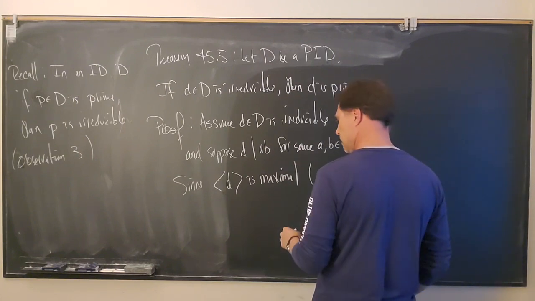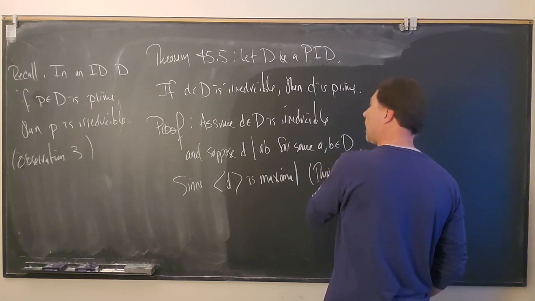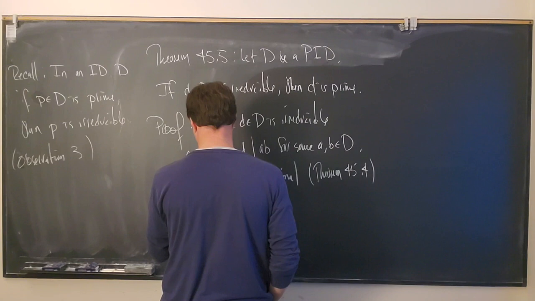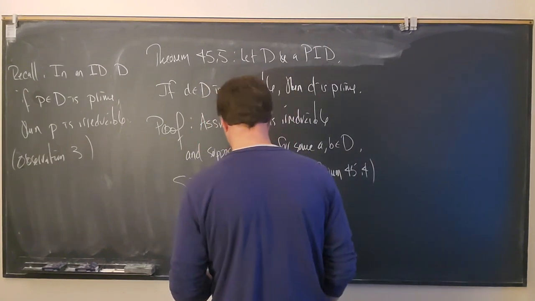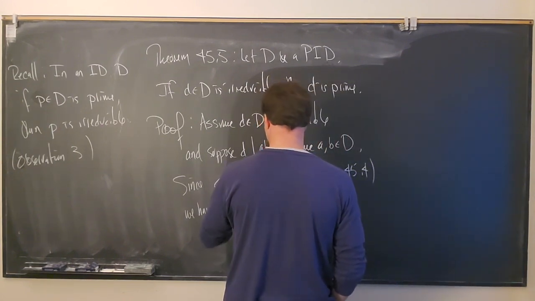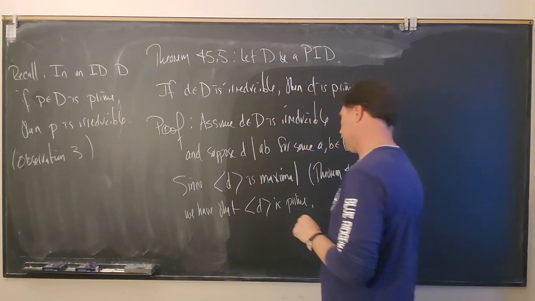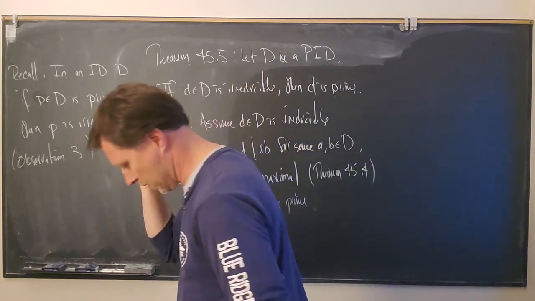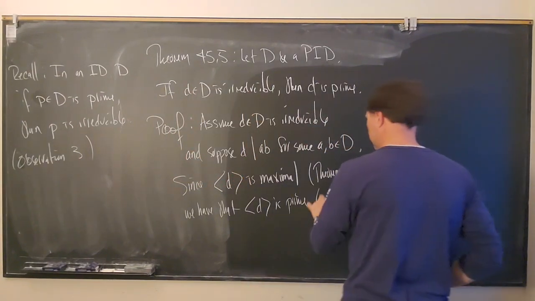So since d is irreducible, the ideal generated by d is maximal, this is theorem 45.4. We have that the ideal generated by d is prime. We know that maximal implies prime; that's corollary 27.6.